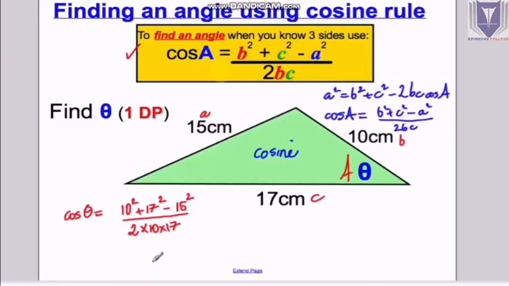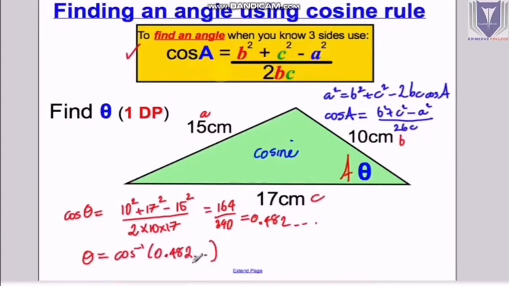If you operate this on your calculator, the numerator is 164, the denominator is 340, I guess. So cos theta will give us 0.482. So one more step, theta will be arc cos or cos inverse of 0.482.